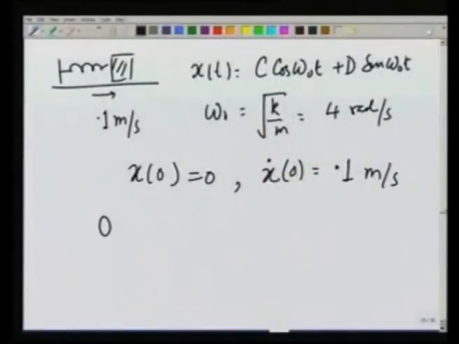With this, I will get 0 is equal to c plus d times 0, which gives me c is equal to 0. So this time c is 0.